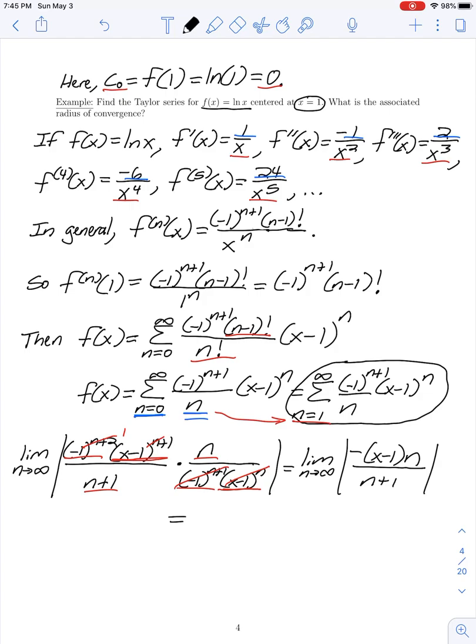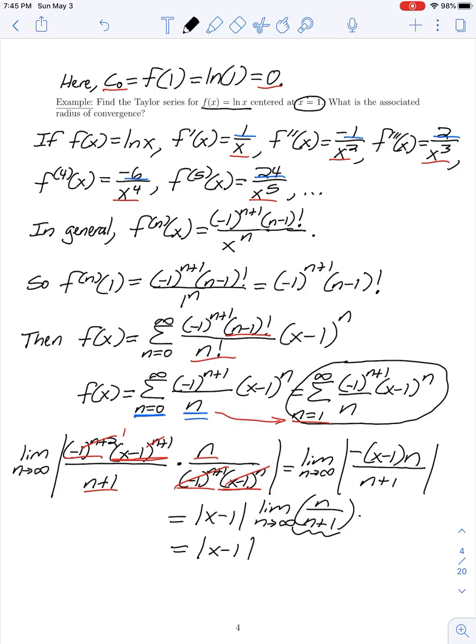And simplifying this, well, we can pull the absolute value of x minus 1 out in front of our limit, and we have the limit as n approaches infinity of n over n plus 1, and the limiting value here would be 1. So we're left with just the absolute value of x minus 1.